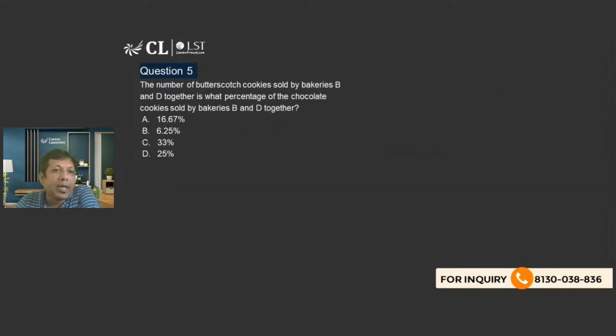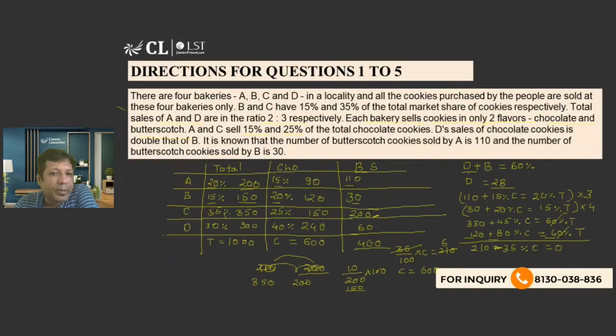Okay. Now, look at the next one. The number of butterscotch cookies sold by bakery B and D together is what percent of chocolate cookies sold by B and D together. Butterscotch B and D are how many? That is going to be 30 plus 60.